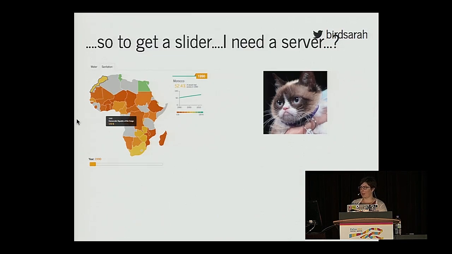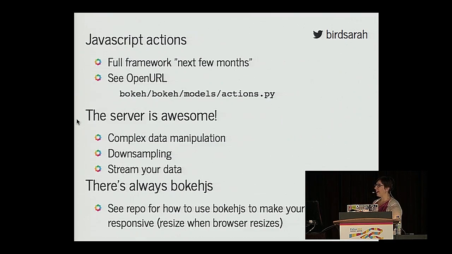Some of you may be sitting there thinking, do I really need to set up an entire server to have a slider on my data visualization? That is a pretty fair question. The short answer is yes, but. And the yes, but is multifold.